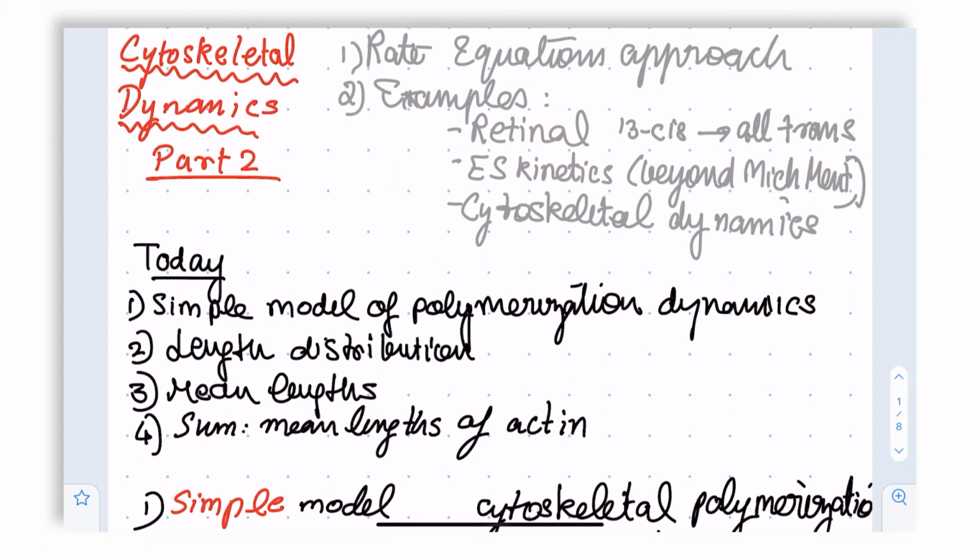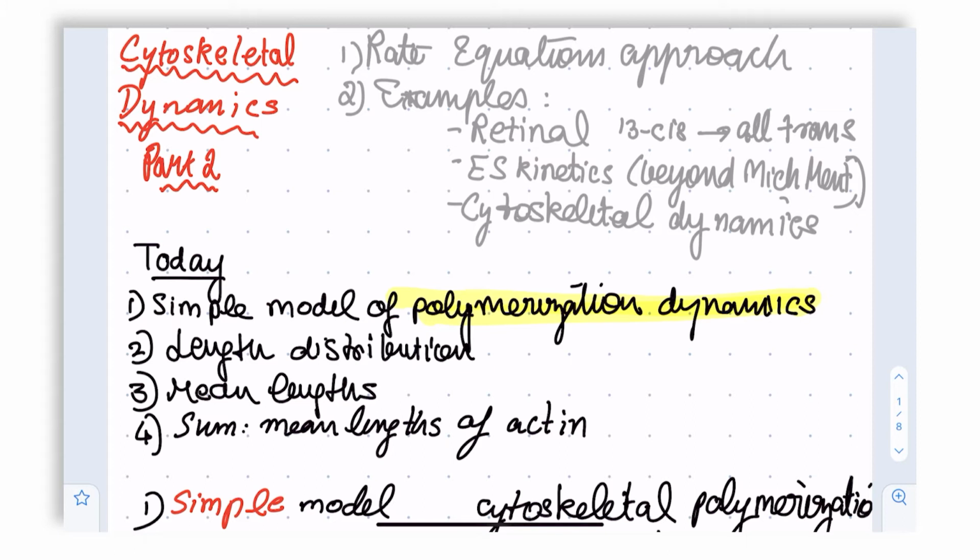Okay. So for today, for this particular module, which I'm referring to as part 2 of the cytoskeletal dynamics part, we're going to talk about a simple model of polymerization dynamics, which involves making some simplifications with respect to the nature of the polymer, its addition and removal, and yet strangely we get some very exciting and useful results from it.